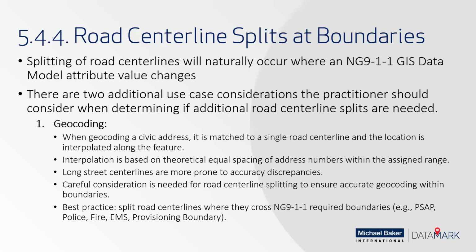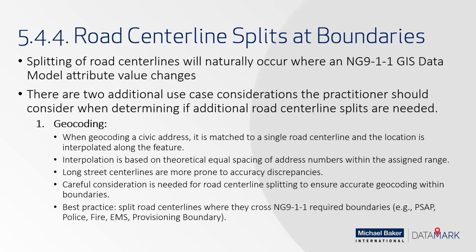Section 5.4.4, road center lines split at boundaries. Splitting of road center lines will naturally occur where an NG911 data set data model attribute value changes. So when a PSAP boundary occurs, right, the responders, when any of those municipalities, incorporated communities, unincorporated communities change, there should be a break.